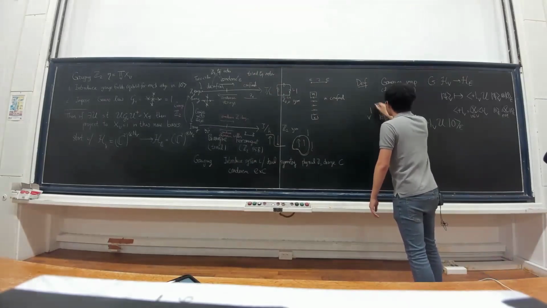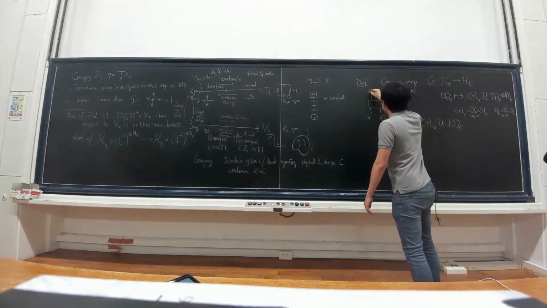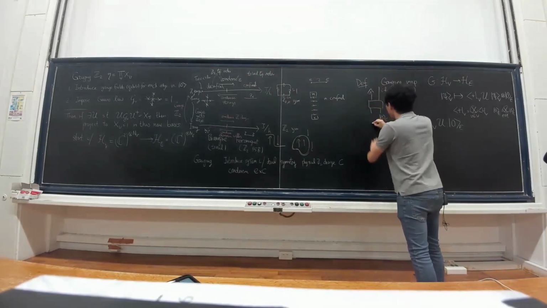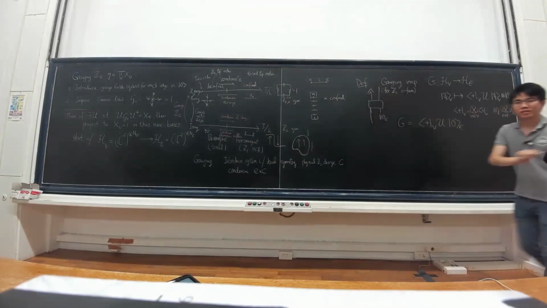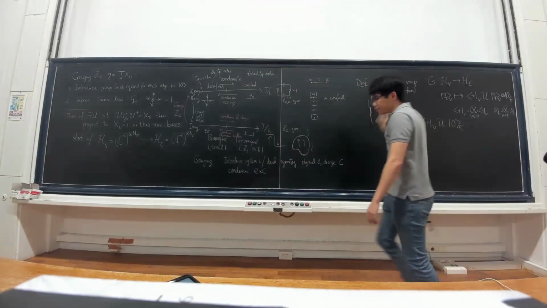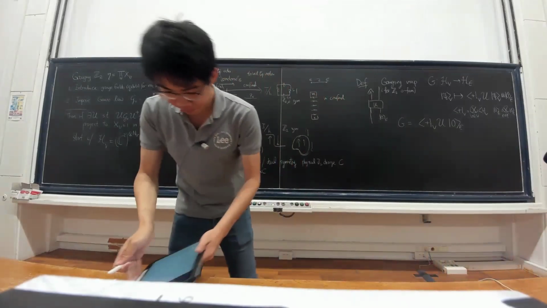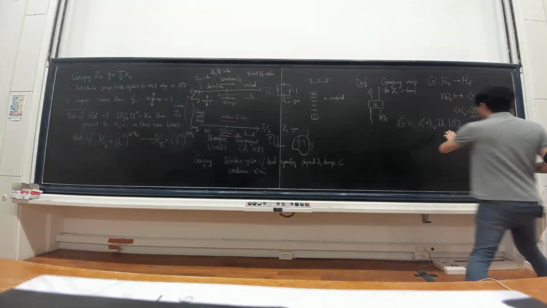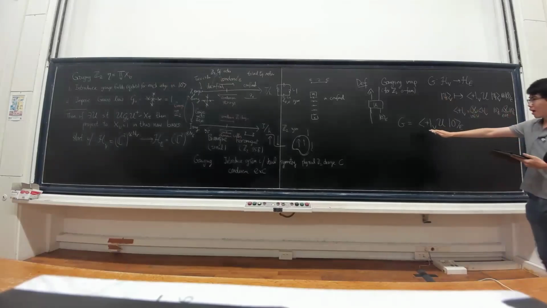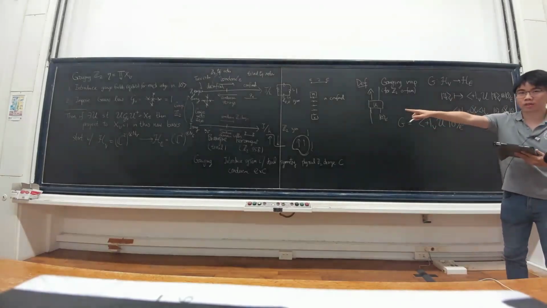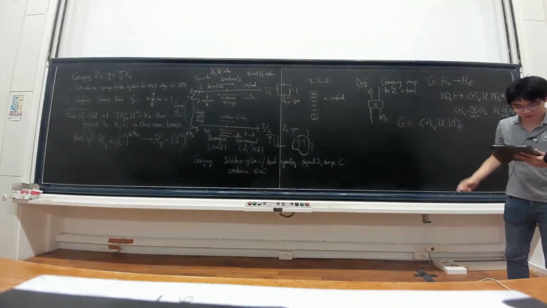And then the plus. So it goes in here and comes out there. So this is a map from the vertex Hilbert space to the edge Hilbert space, right?